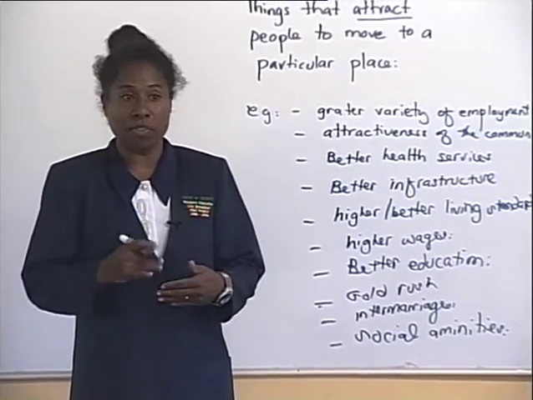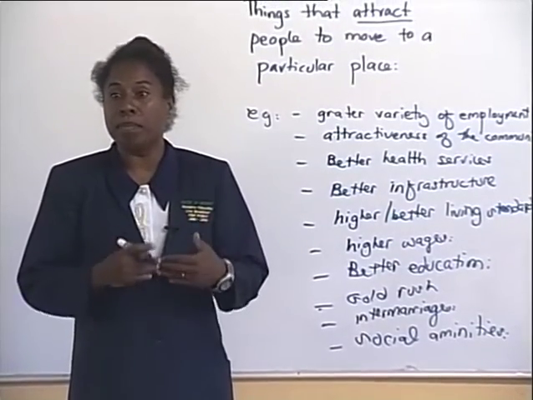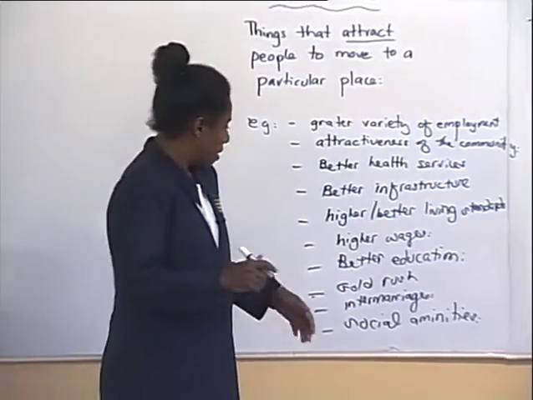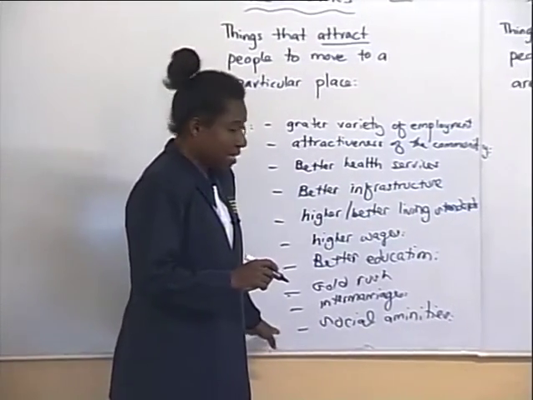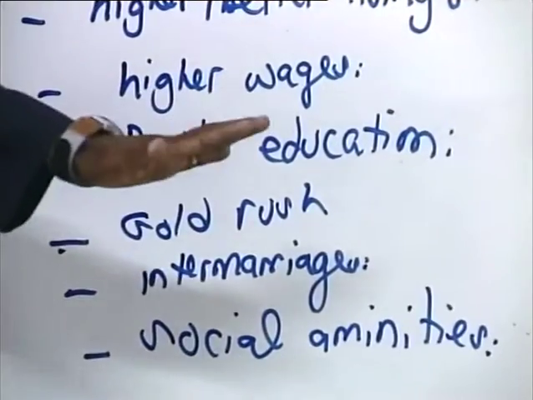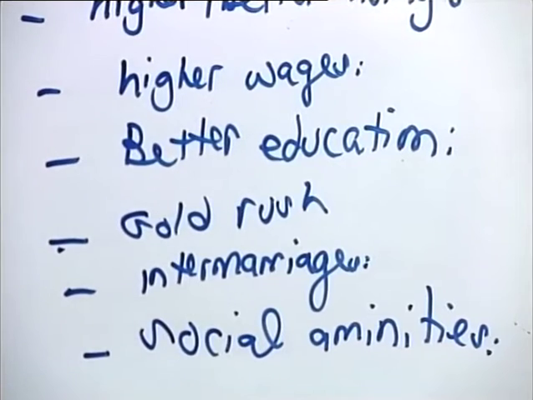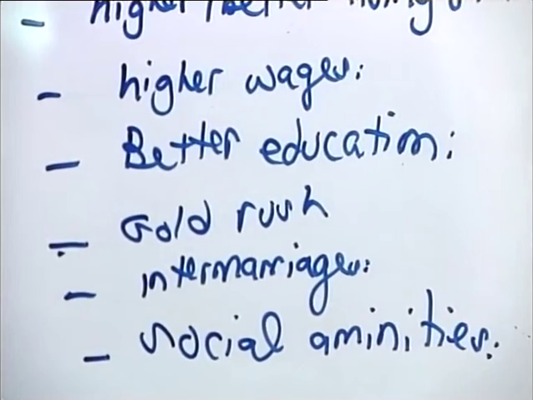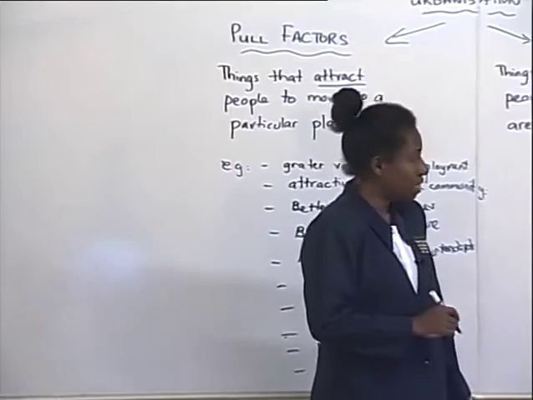And this could be some of the things that are attracting people to come into the towns and cities especially. Okay, the social amenities, and you can put some examples of those social amenities as nightclubs, pubs, hotels, maybe disco arenas and places like that. Those are all part of the social amenities.